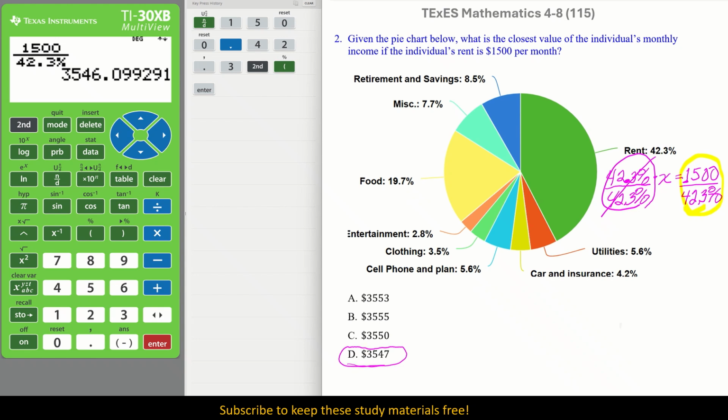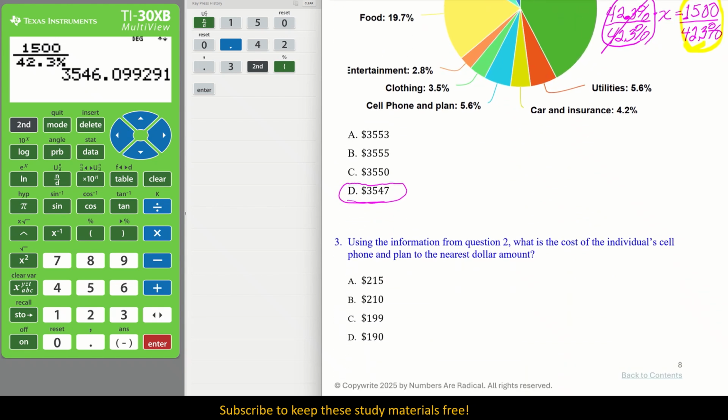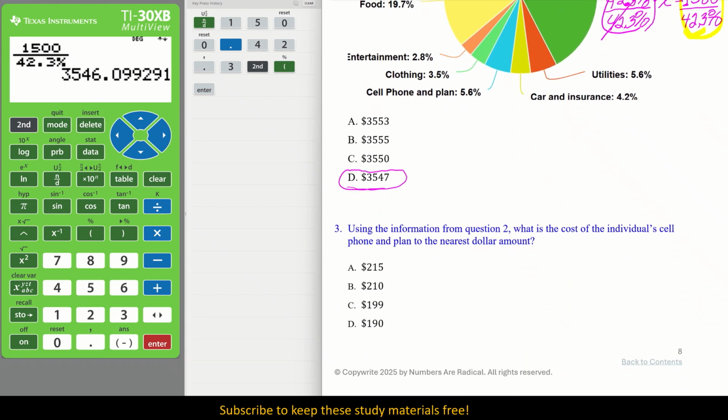All right. Let's go on to number 3. Using the information from question 2, what is the cost of the individual's cell phone and plan to the nearest dollar amount? Okay. Well, there's our percent for that. So all we need to do is just simply calculate it. Okay, we can take what's in the calculator or round it up.